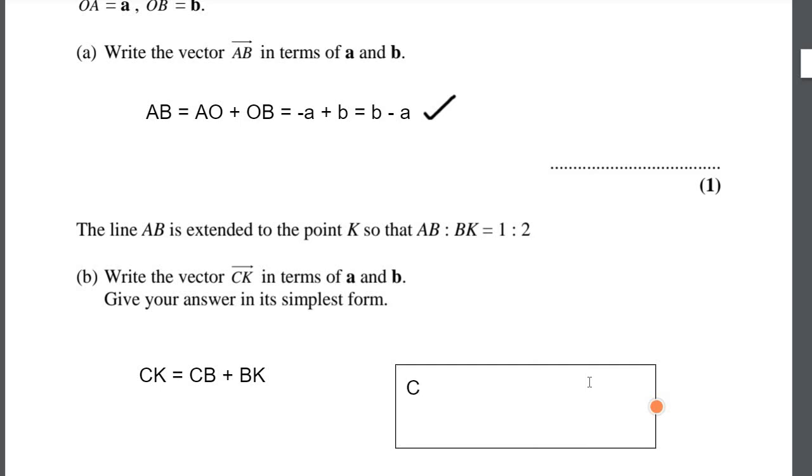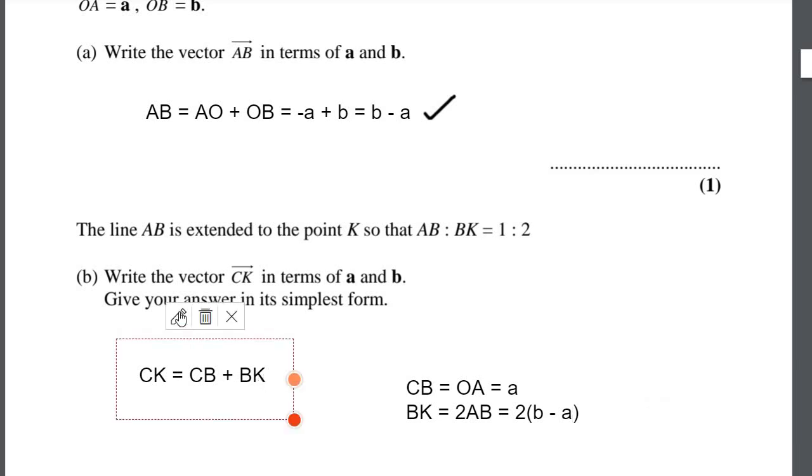CB, which we looked at first, is going to be equal to OA, and so that's equal to A. And then BK is twice of AB, so we'll put 2, and within brackets we'll put the value of AB. The vector AB is B minus A. So there we go. We have both CB and BK with us.